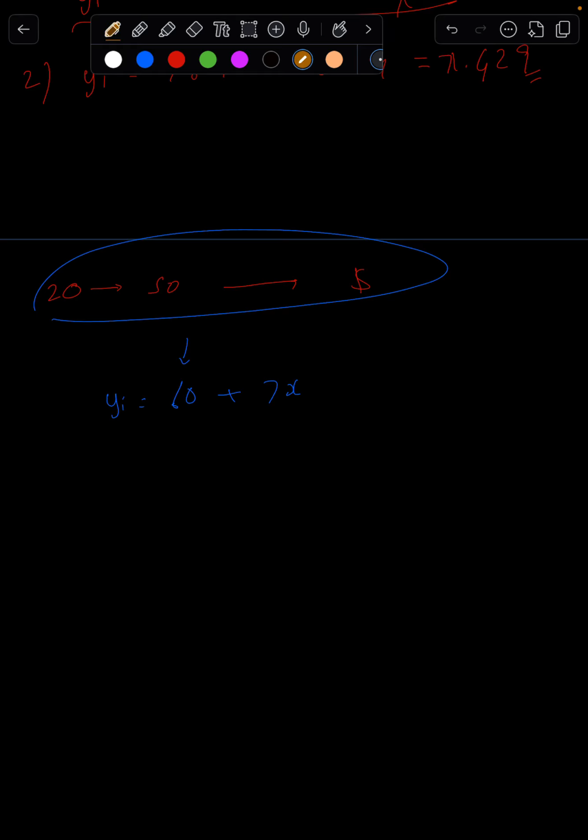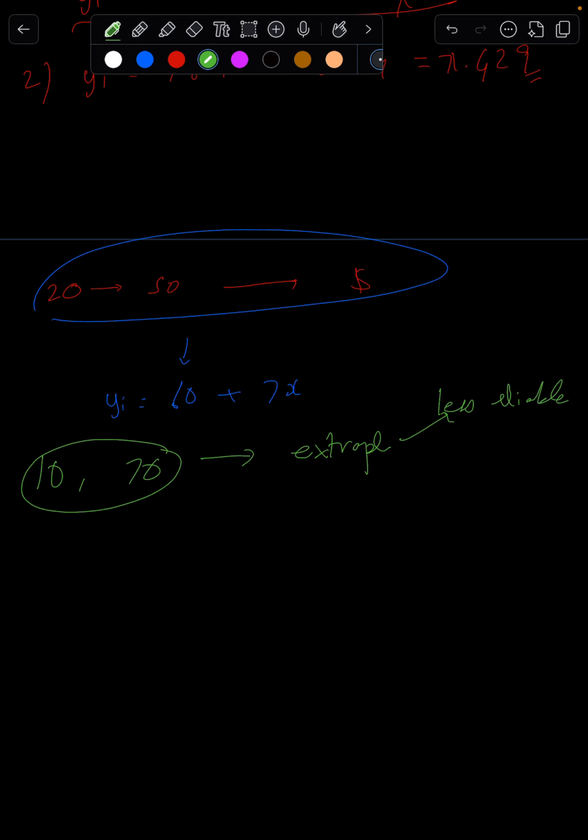Any prediction you make for someone who is aged like 10 or aged like 70 is going to be extrapolation, because you only covered ages 20 to 50. So it's considered to be less reliable or unreliable. But if it's anyone like 25 or 40, since they're within your range of x data, it's going to be interpolation, which is considered reliable.